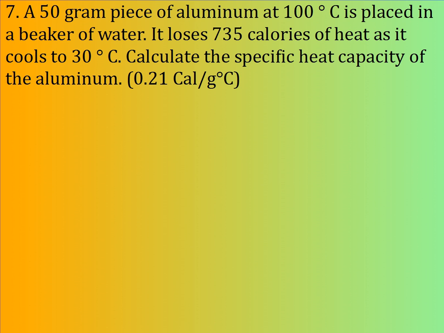Now for this one, I have a 50-gram piece of aluminum at 100 Celsius and put in a beaker of water. It loses 735 calories of heat as it cools to 30. And I want to find the specific heat of aluminum. Let's see. 50 grams is mass. This is my initial temperature. This is the heat that's lost.